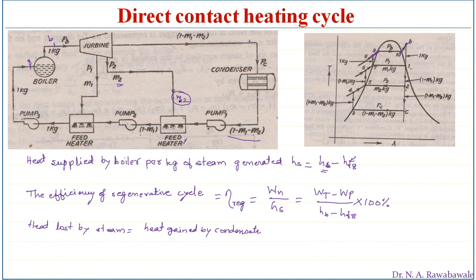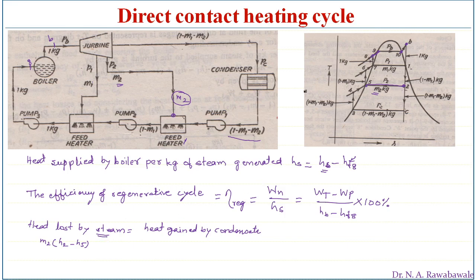It enters at point 2 and its enthalpy reduces from H2 to H5. So this much enthalpy is given by the steam in feed heater 1.